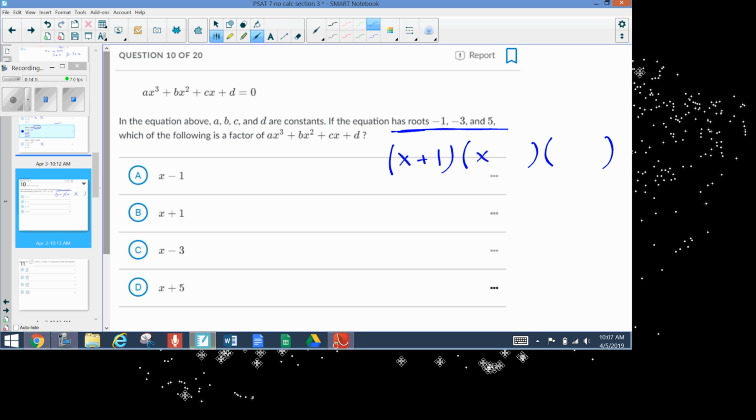The number from algebra class, algebra 2. So I'm supposed to put here plus 1. What about that put here? And minus 5. These are the factors. These are all the factors. So the question is, which of the following is a factor? Which one is the answer in the answer choices? X plus 3? No. X minus 5? No.